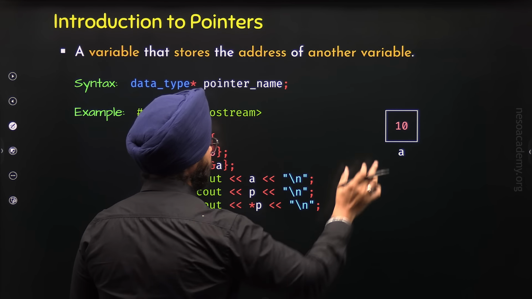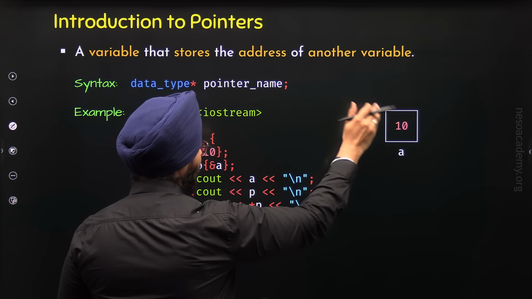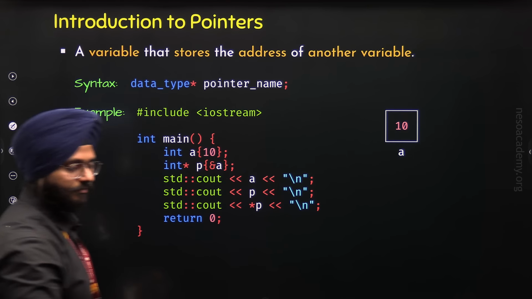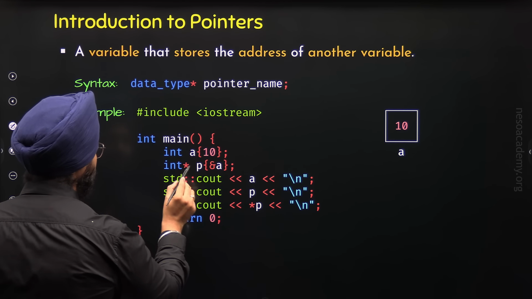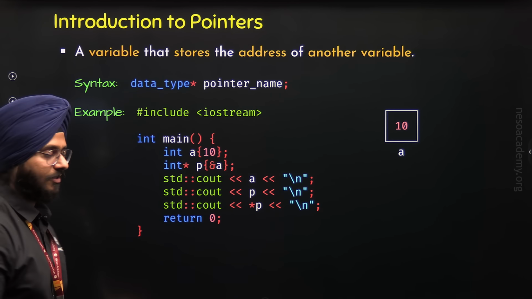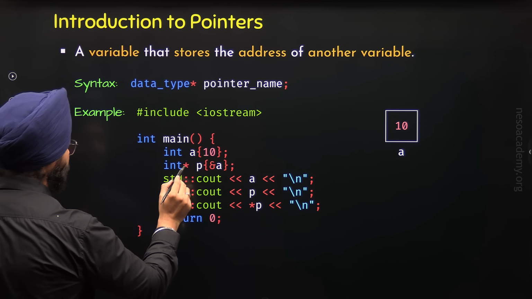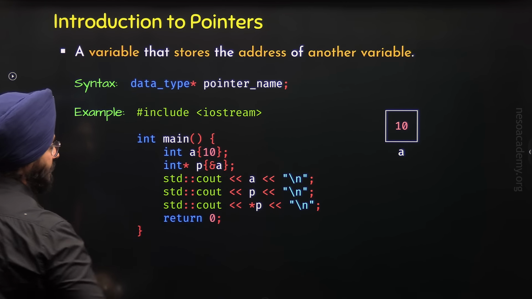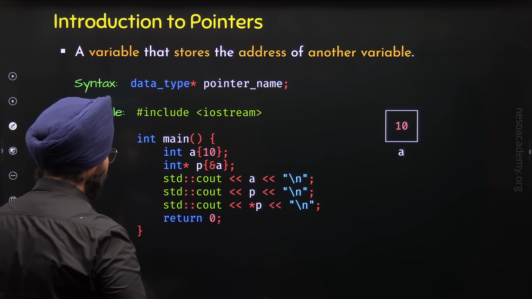In reality, this is not a normal box. It is some memory location where value 10 is stored. Now here I have defined this pointer variable. This is not a normal variable. As we can observe, we have this asterisk symbol after this data type. This clearly indicates that we have a pointer here.